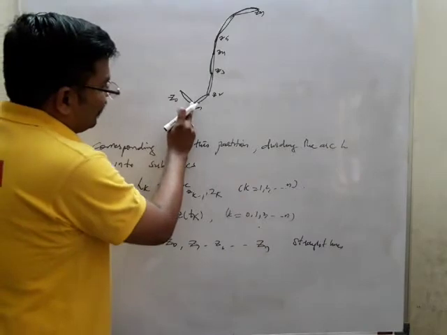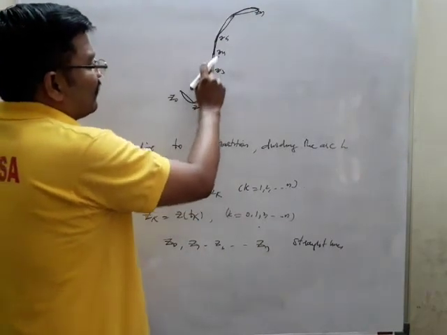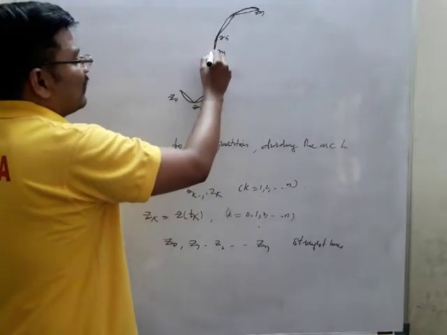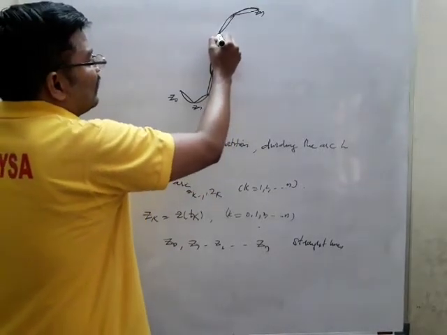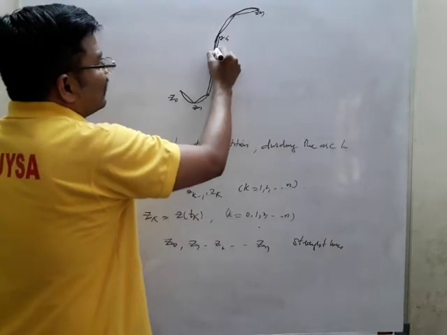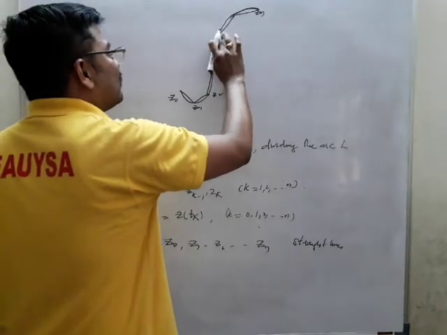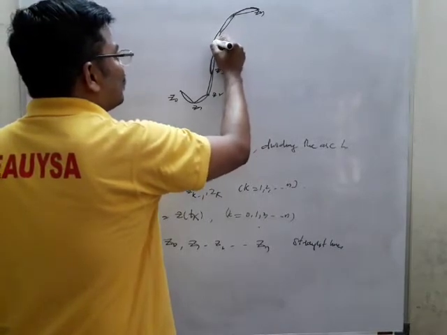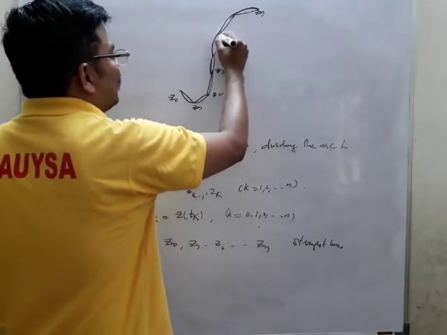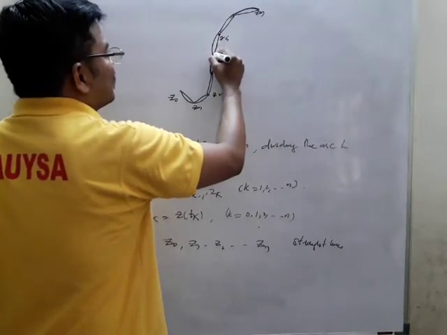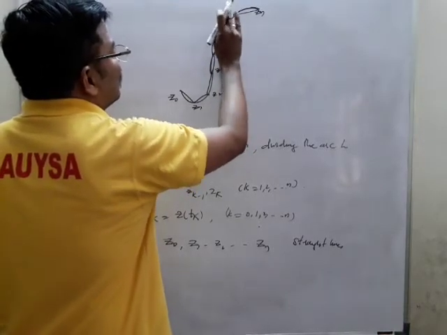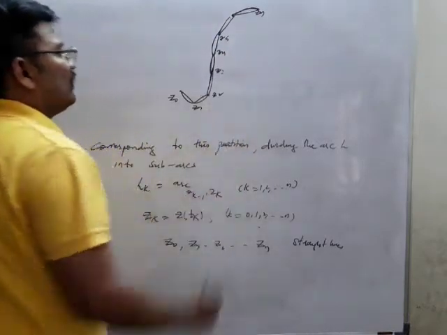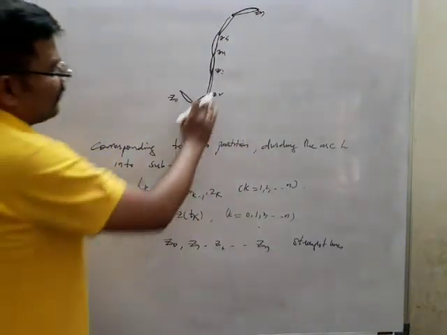Now from here to here a straight line, from here to here a straight line, from here to here a straight line, from here to here a straight line. Like this you will get all straight lines. Now this is how you are going to get a polygonal arc.